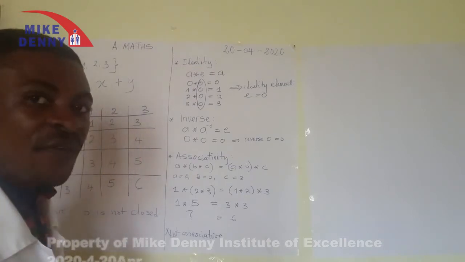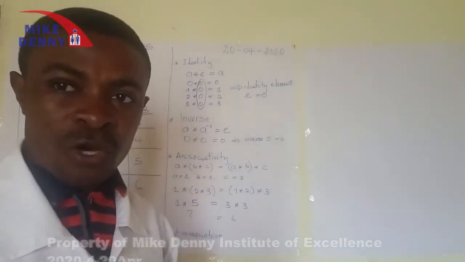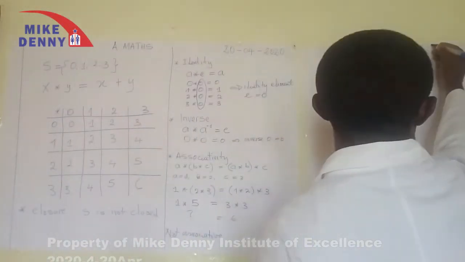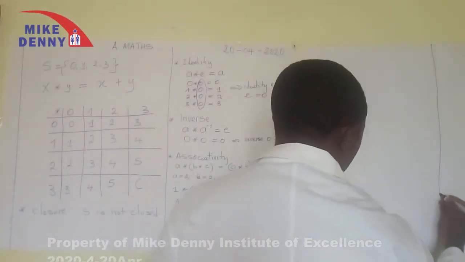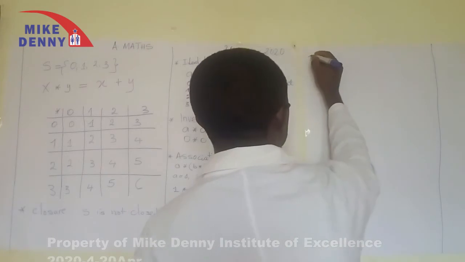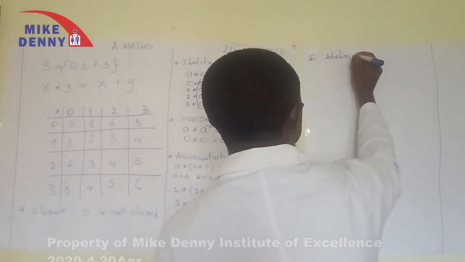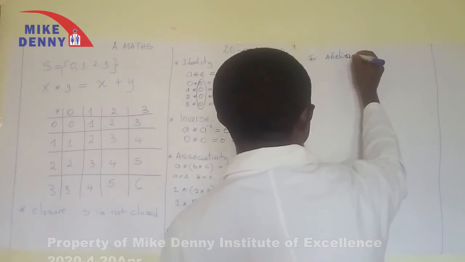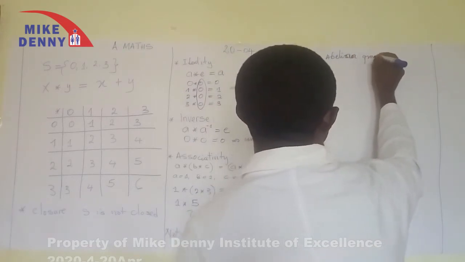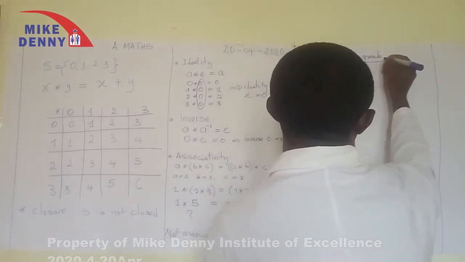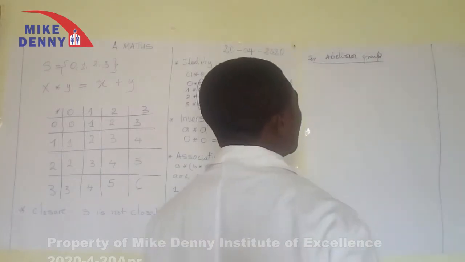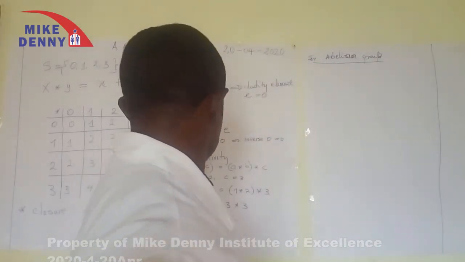Now, we need to verify whether it forms an abelian group. That's what I said. I'm going to verify all the properties. Okay. Therefore, for abelian groups, it must be commutative.